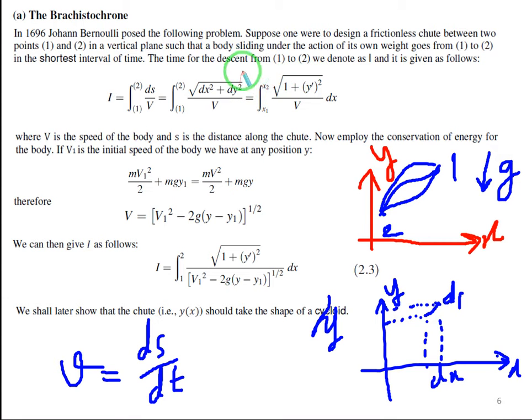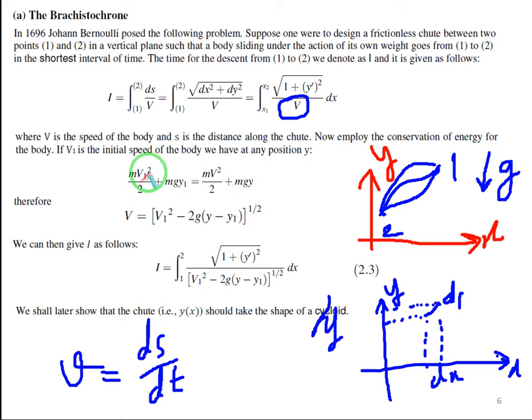This is the functional we are going to examine. However, the value of v must be determined as a function of y and x.